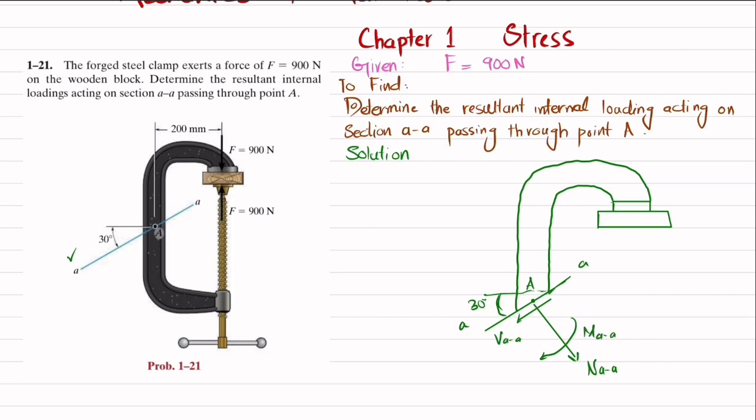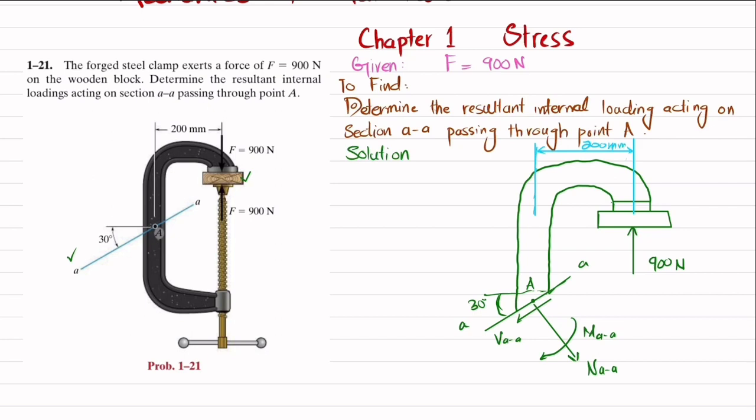Now you can see that this clamp exerts a force of 900 Newton on this wooden block. As a result, the wooden block will exert a 900 Newton force in the upward direction on this clamp. Also, the distance between this point A and the application of this force is 200 millimeter. So this distance is 200 millimeter.